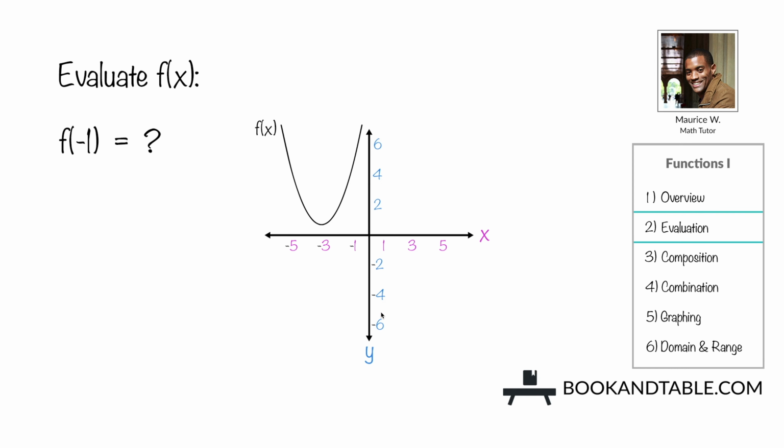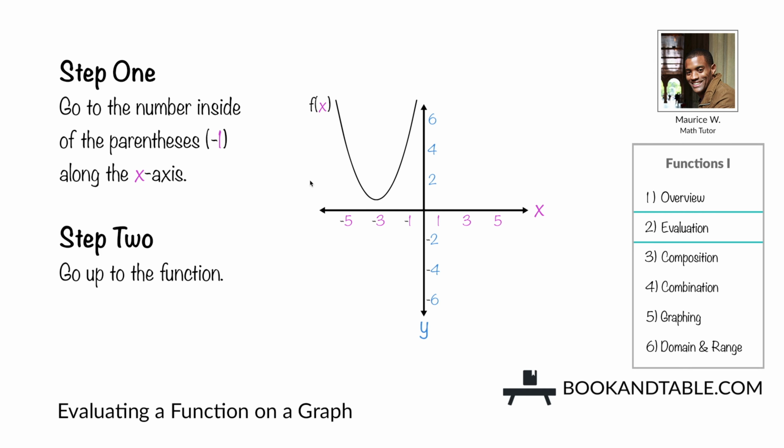So let's walk through an example. Let's say you were asked to evaluate f of x, and they asked you what is f of negative 1. So step 1, go to the number inside of the parentheses, which is negative 1, along the x-axis, so that would be here. And then step 2, go up to the function. So we wind up at this point along the curve.